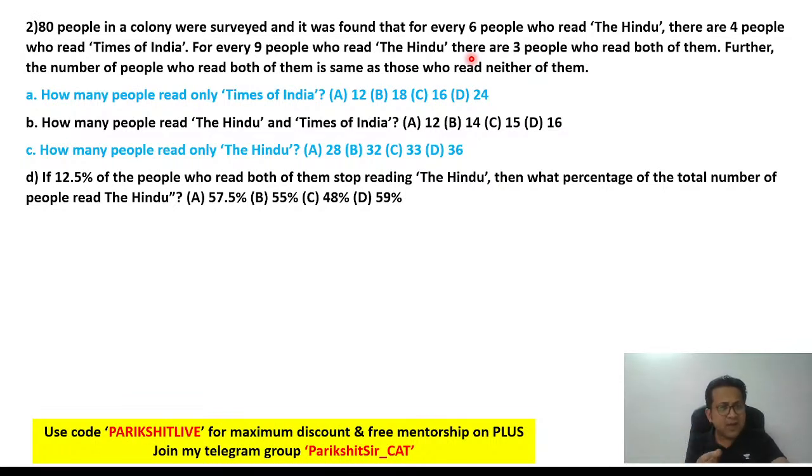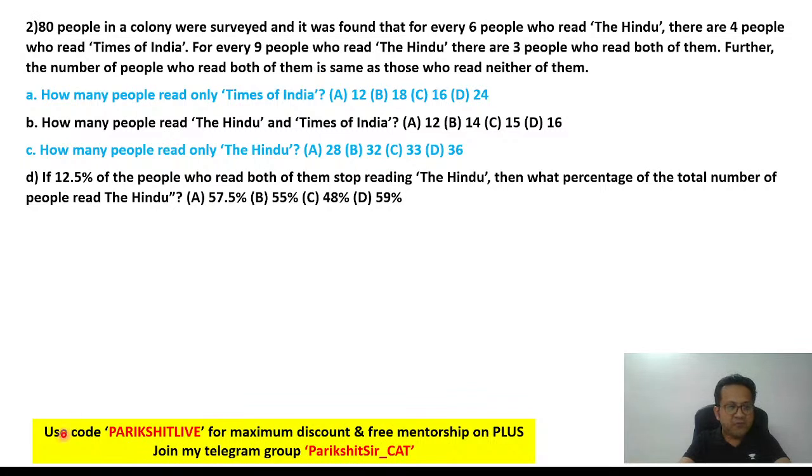And there are people who read both of them. The moment you see such things, that people like both, there is overlapping of data. One guy liking 2 newspapers means there is overlapping of data. And the moment data is overlapping, the best way to solve is via a Venn diagram.